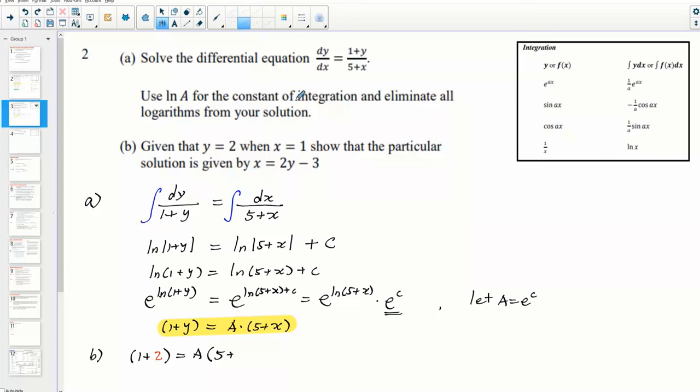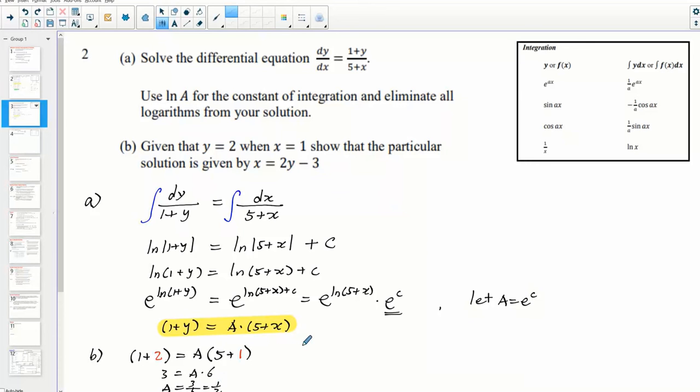Here x equals 1. And we can solve for what a is. So 3 equals a times 6. Therefore a equals 3 over 6. Yeah, 3 over 6, and that's a half.